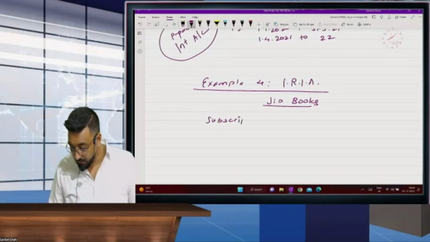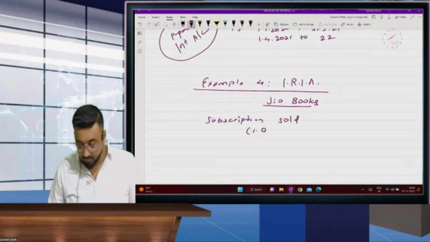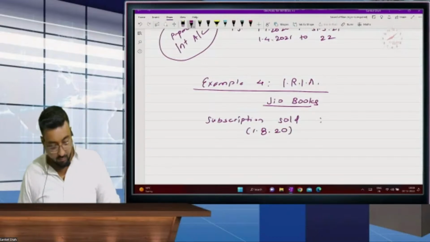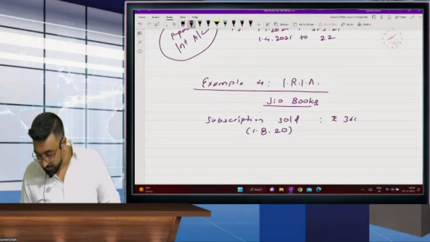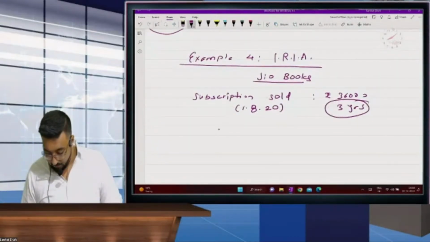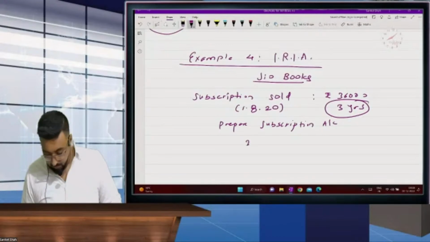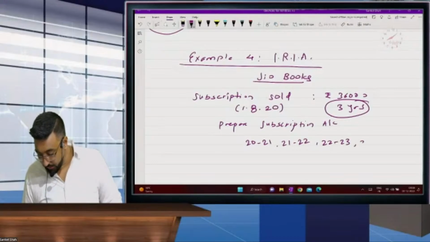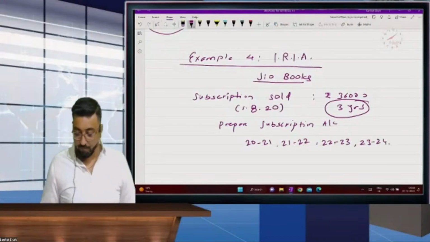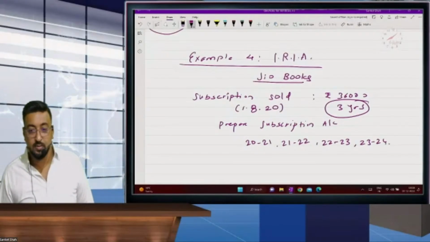Subscription sold on 1st August 2020 for 3 years, 36,000 for 3 years. Prepare subscription account for 2021, 21-22, 22-23, 23-24. So 2 accounts.